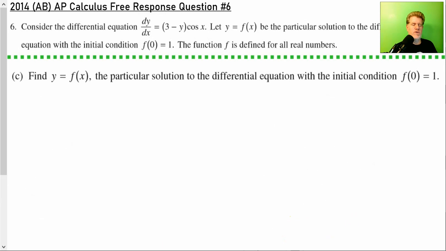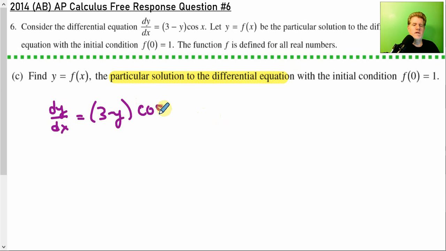All right, last question. If you ever see on the test the keywords particular solution, differential equation, or separation of variables, you are just solving the differential equation. In this case, our differential equation is dy over dx equals 3 minus y over cosine. So we must separate our variables.